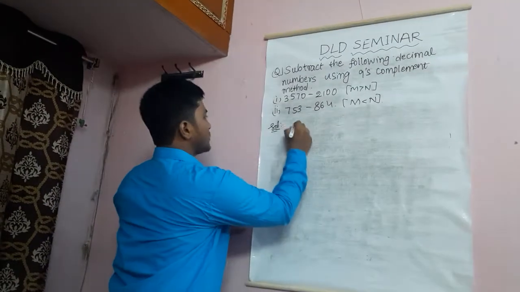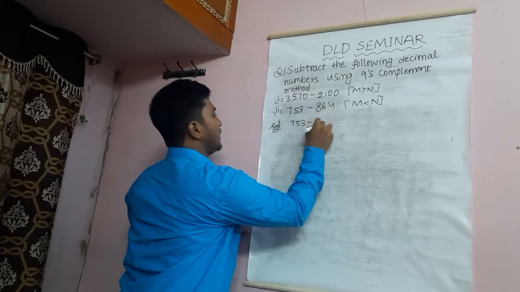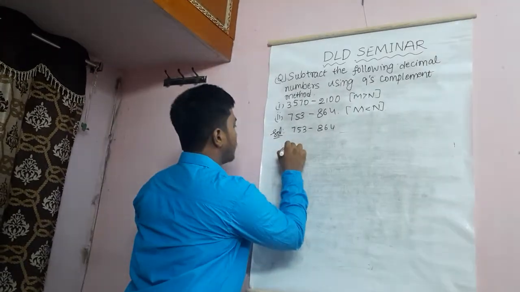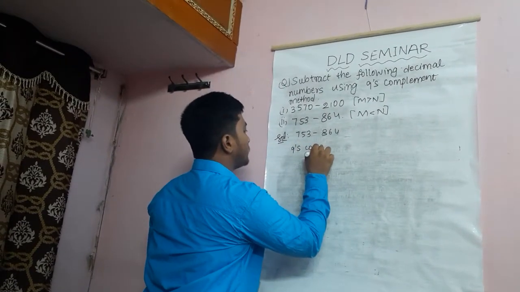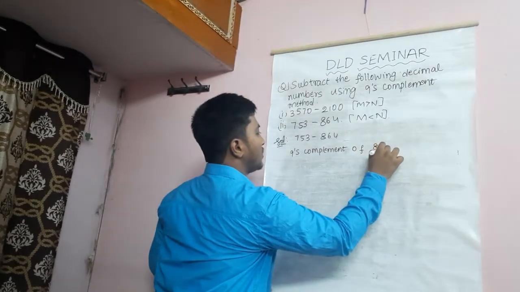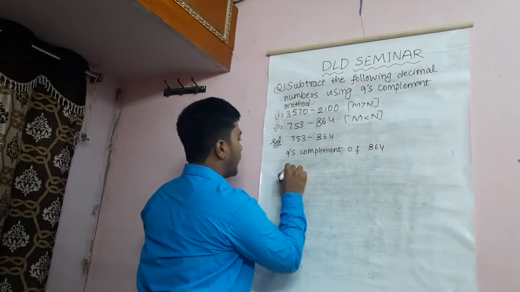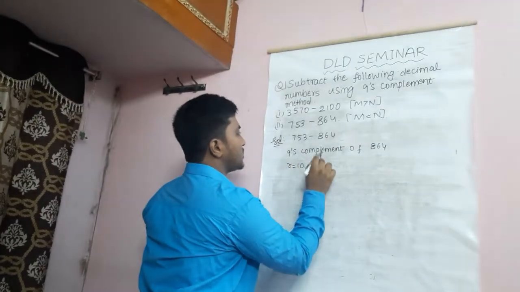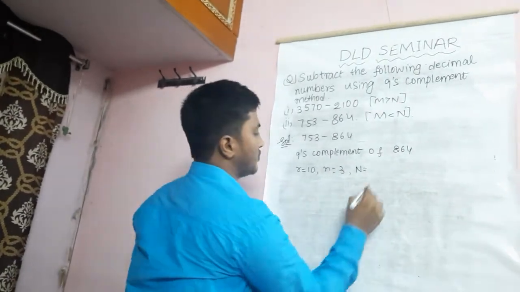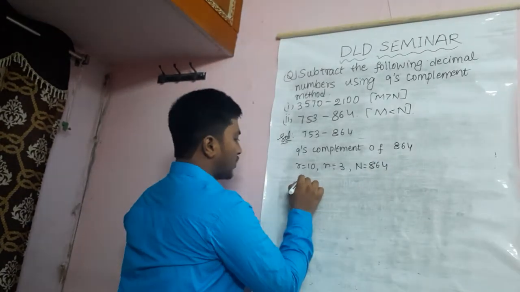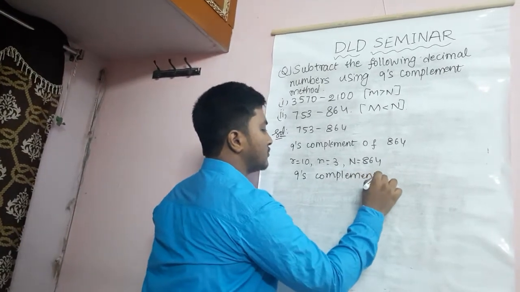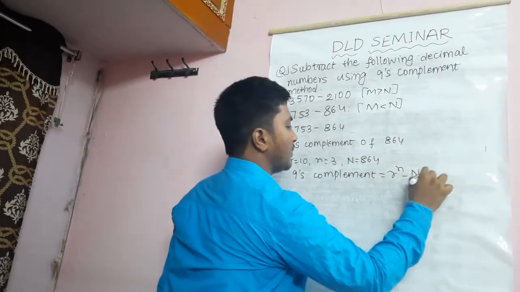So the given second problem is 753 minus 864. So here subtrahend is 864. First step is 9's complement of subtrahend, that is 864. Similarly in the previous way, radix r is 10. Number of digits present in it is 3 and capital N is the number itself, 864. Now 9's complement, r power n minus capital N minus 1.